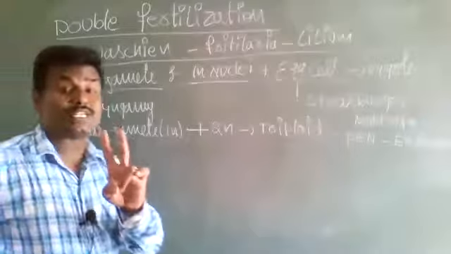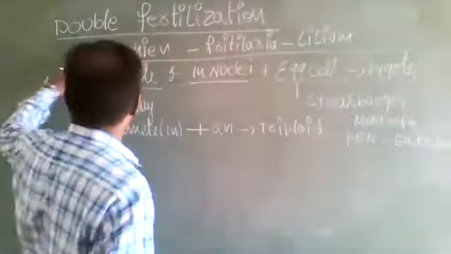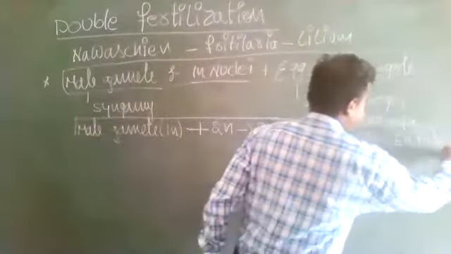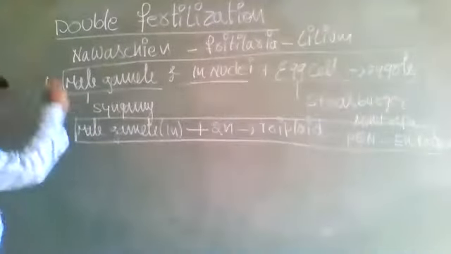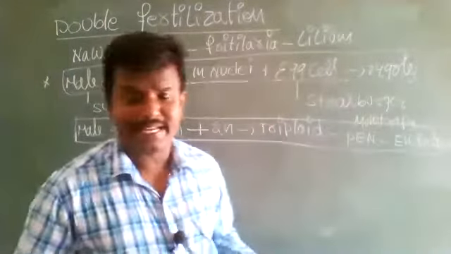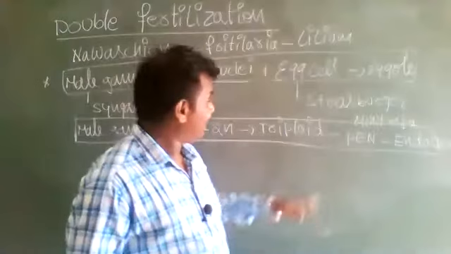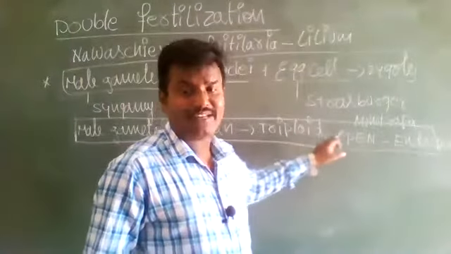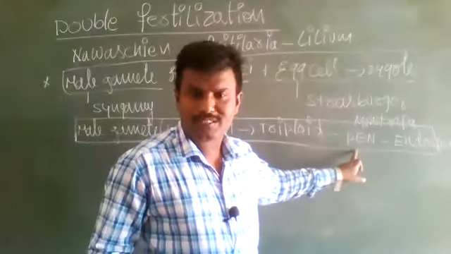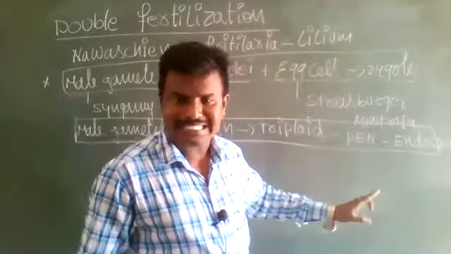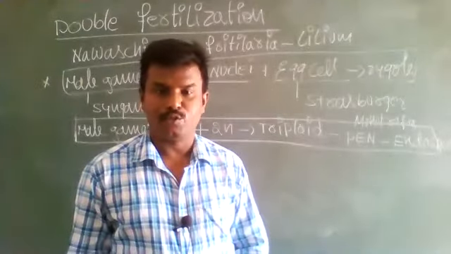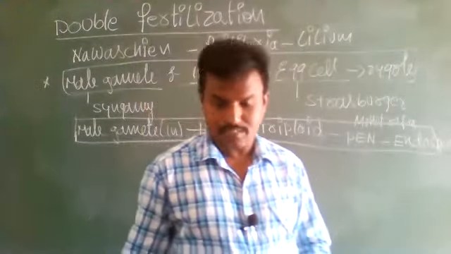The first set of fertilization, and the second set of fertilization, take place in the embryo sac and lead to the formation of a triploid nucleus, which gradually turns into the primary endosperm nucleus. The primary endosperm nucleus undergoes a number of mitosis divisions and gives rise to endosperm. Okay, that's all.